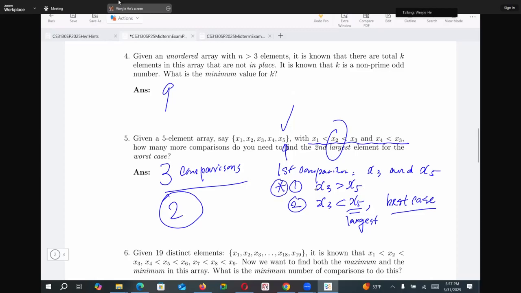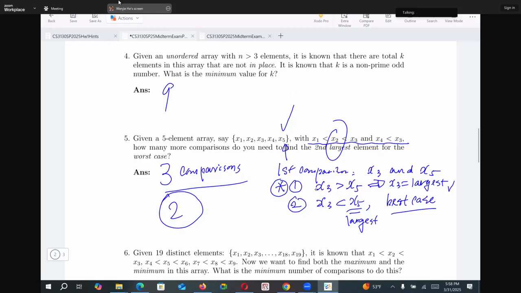So we assume x3 greater than x5, x3 is the largest. So we can eliminate it, and we only need to find the second largest.